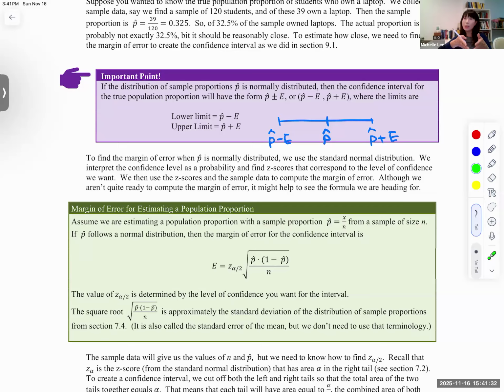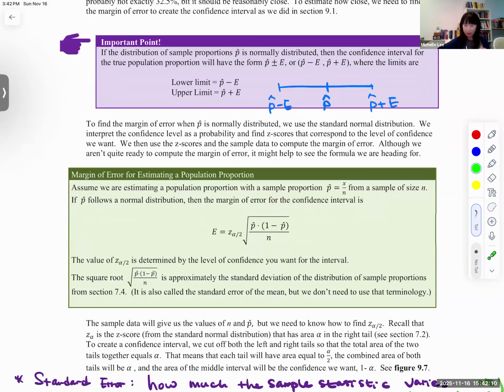A small sample size leads to a large margin of error, and a large sample size leads to a smaller margin of error, because with more sample size we get more accuracy. Make sense? Okay. Now, what is the margin of error?